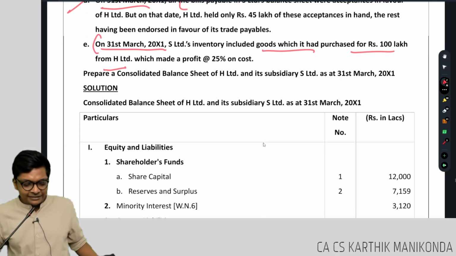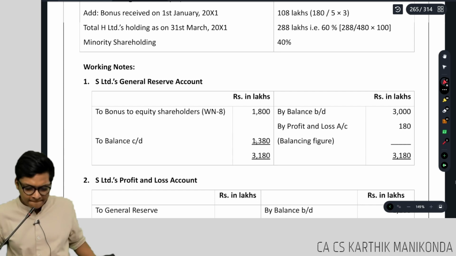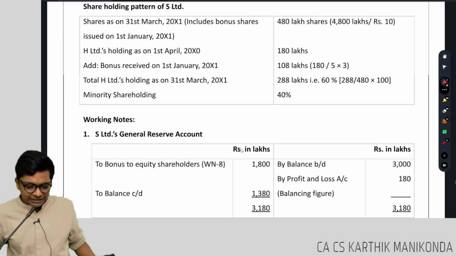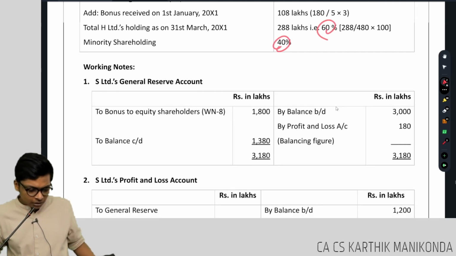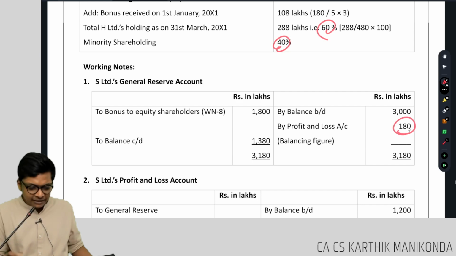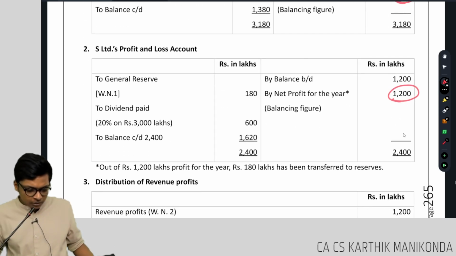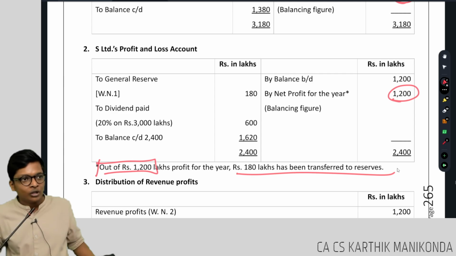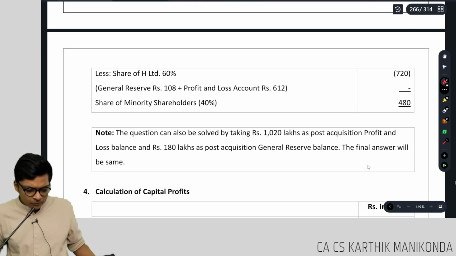Let's check the answer if it's correct, because later if it's wrong, we have to do the whole thing again. 60, 40, 40, 60 is correct. Come down, general reserve 180, P&L 1200. Look at this, out of 1200, 180 has been transferred to reserves. So I am left with only 1020.